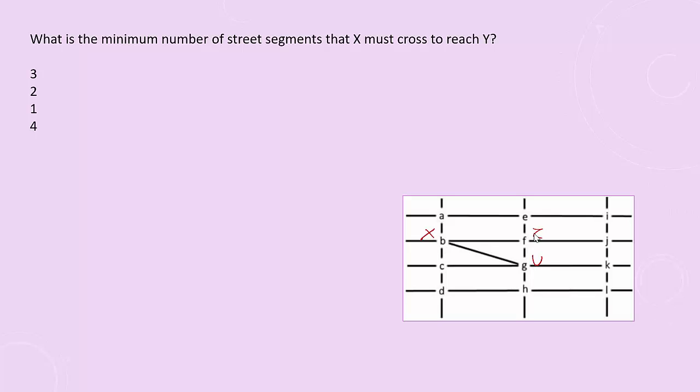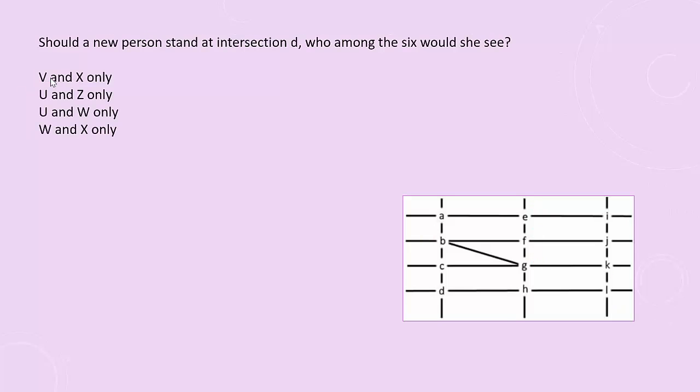It was U, Z, V, Y and W. What is the minimum number of street segments that X must cross to reach Y? If we check, it's 1 and 2, the minimum is 2 here.